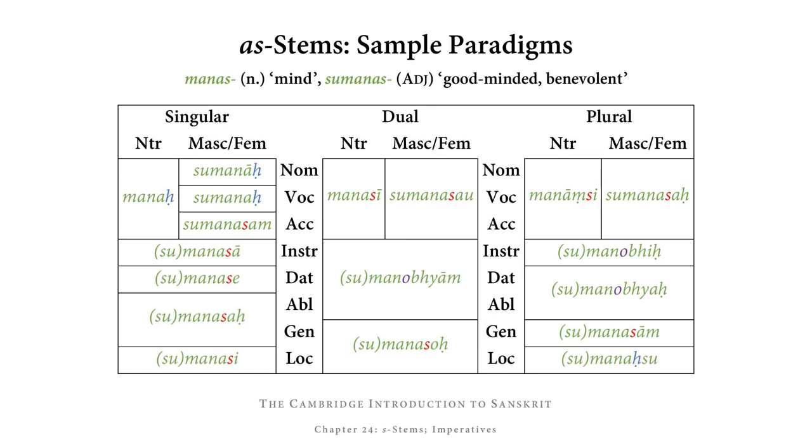In the dual, nominative, vocative, accusative, we get the ending au that we also already know, and in front of this au, which begins with a vowel, the as remains unchanged, so we have sumanasau.